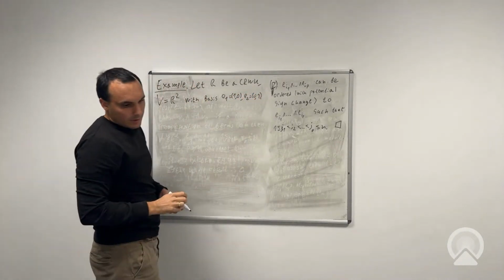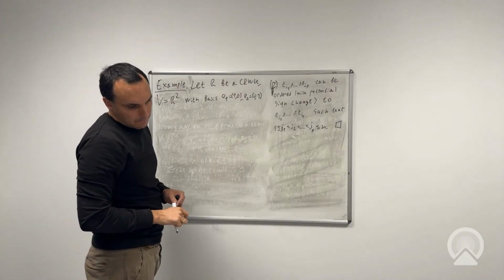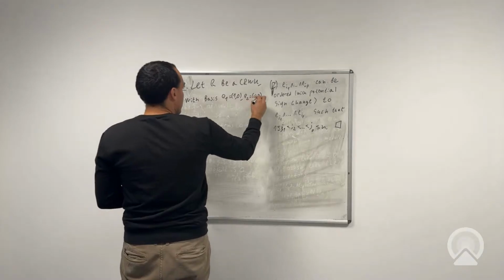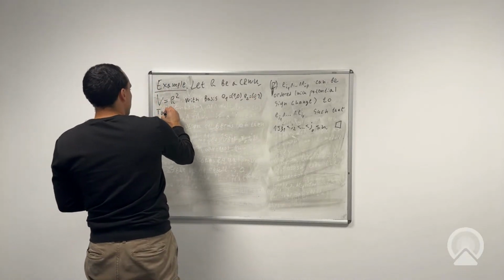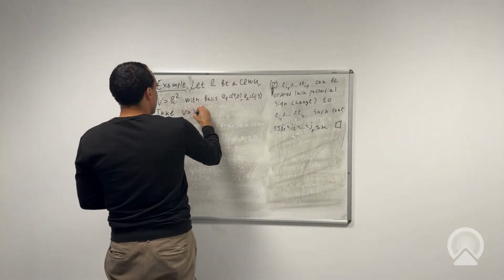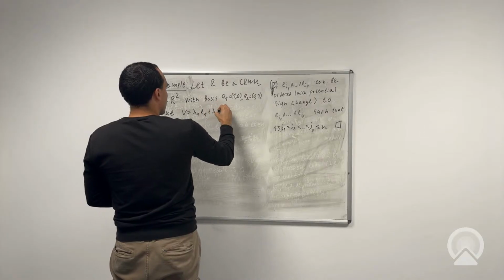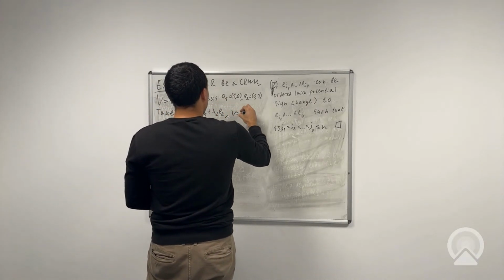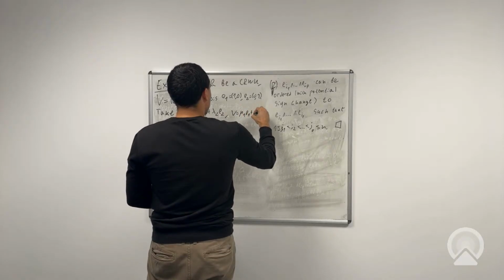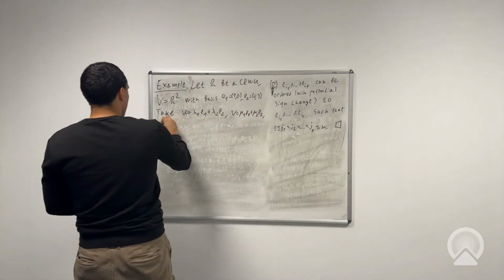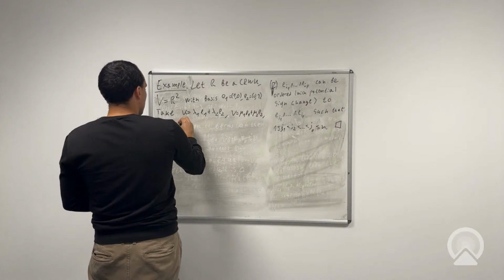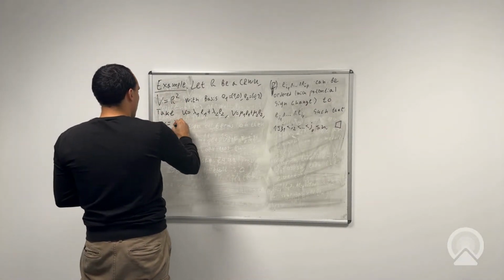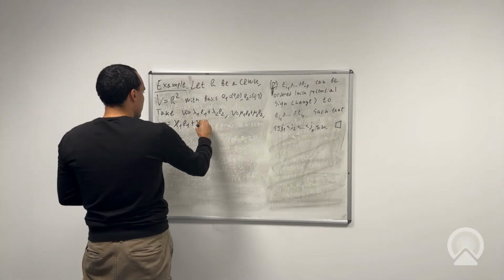So now take three vectors. So let's take u equals lambda 1 e1 plus lambda 2 e2. V is mu1 e1 plus mu2 e2, and w is kappa 1 e1 plus kappa 2 e2.